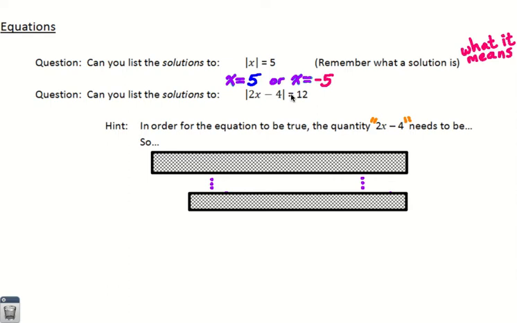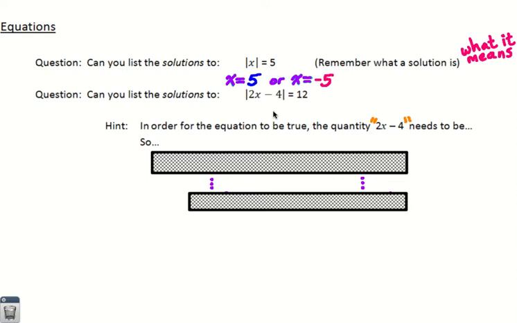Maybe we take it up a notch here. Can we list the solutions to the absolute value of 2x minus 4 equals 12? To cut to the chase, think of 2x minus 4 as like one final result, one final quantity.